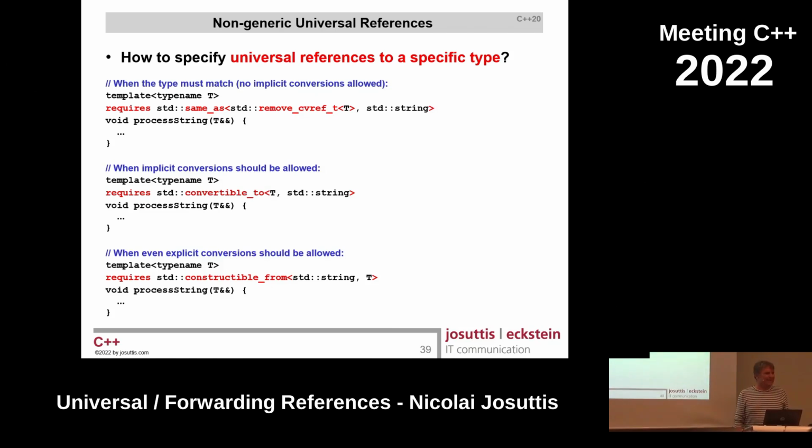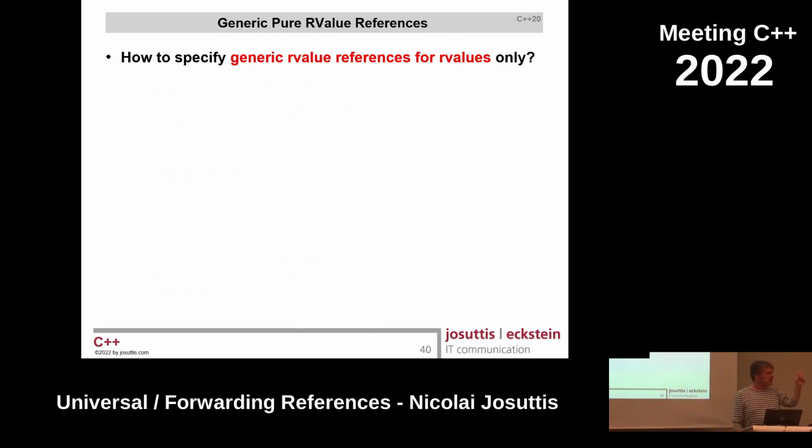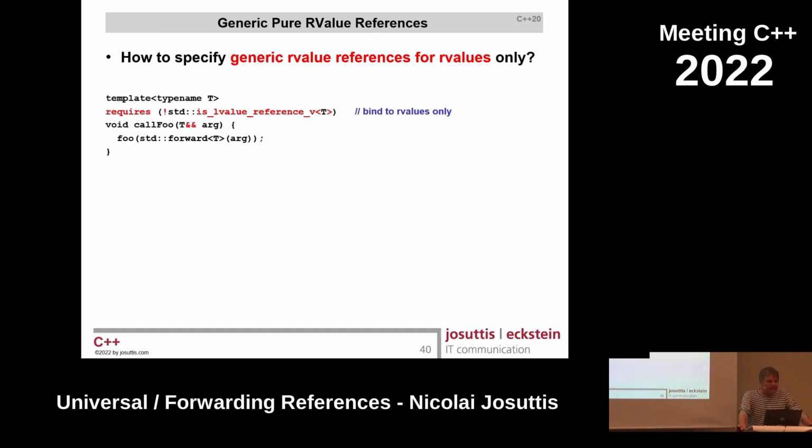Another problem we have is, how do you specify a generic R value reference that should only apply to R values? Because when we say it's a T&&, it can also bind to L values. But we might say, no, it can bind to any type, but it should only bind to R values, but any type of R values.